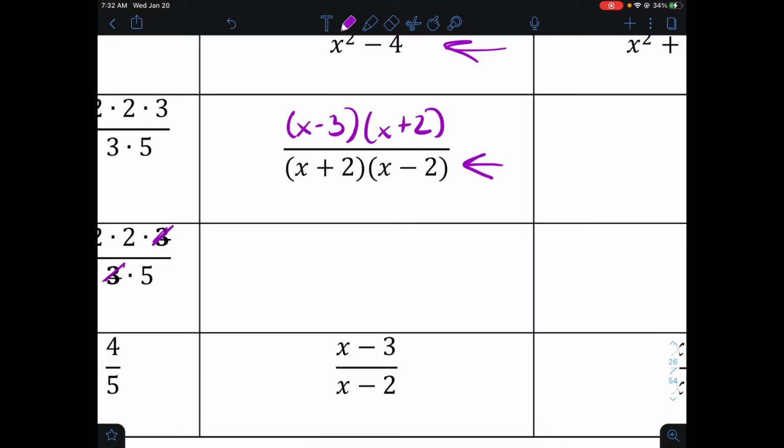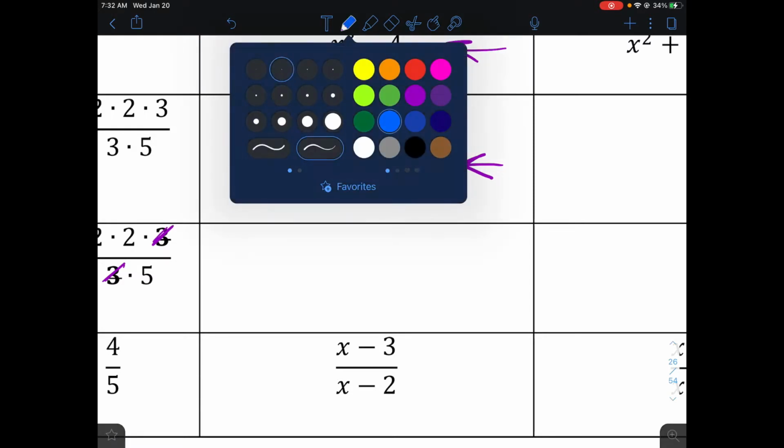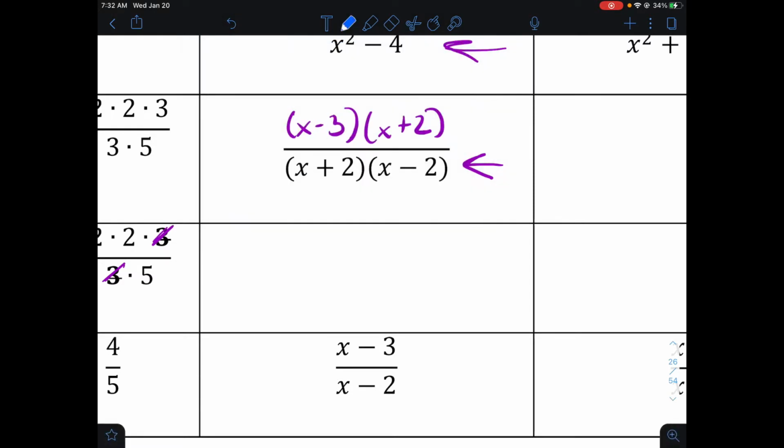Now, the next thing we're going to do is see if there are any common factors we can cancel, which there actually are. What would be the common factors that I can cancel from the top and the bottom here? So we could cancel the x plus 2 and the x plus 2.